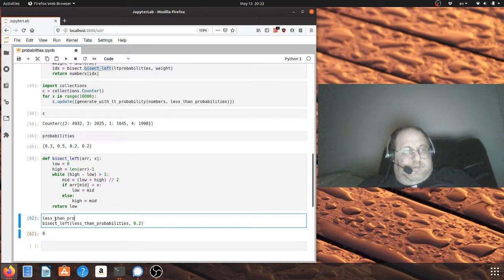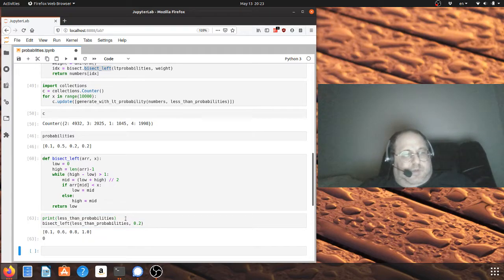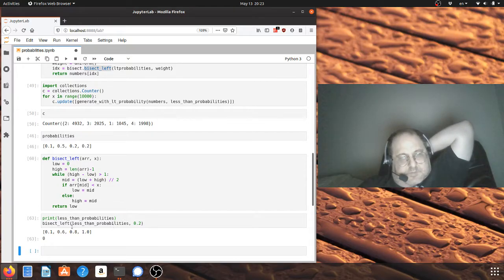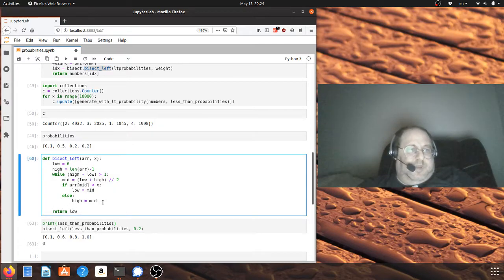Okay, let's debug it then. Probabilities. Let's print it out so we can see what's going on here. Okay, so clearly it should have returned 1. While high minus low, let's print both high and low here.